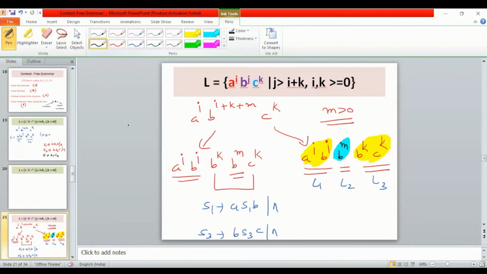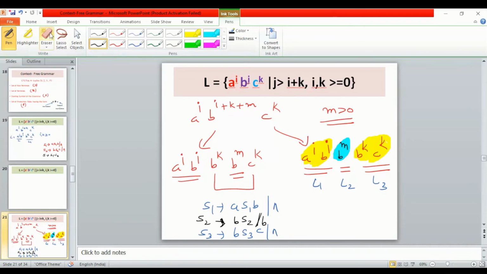And for the S2 language, we want to generate any number of times B. So we write B S2, because it is B only, no other symbol is there. S2 we are not using in any other rule. So we'll write B S2 or B, because M must be greater than 0. So we have to write S2 as B S2 or B.